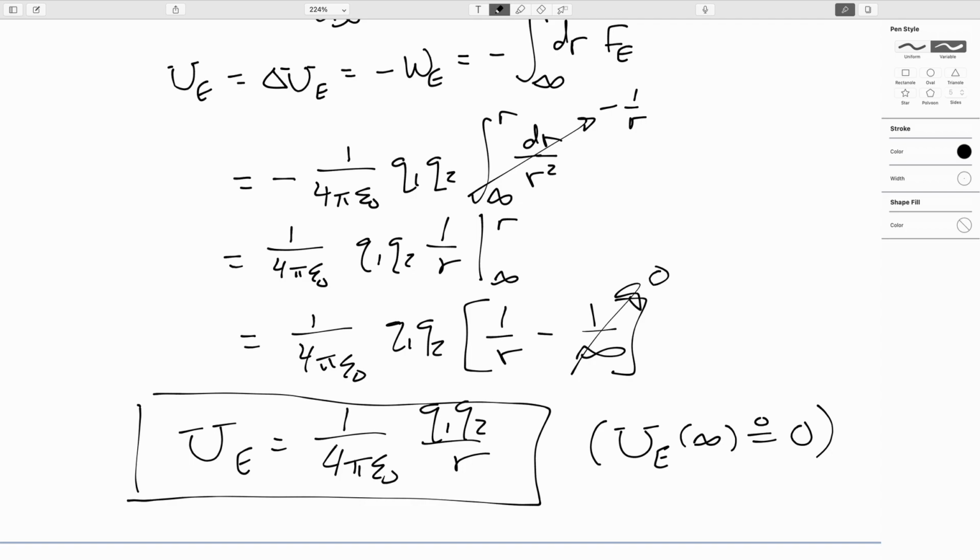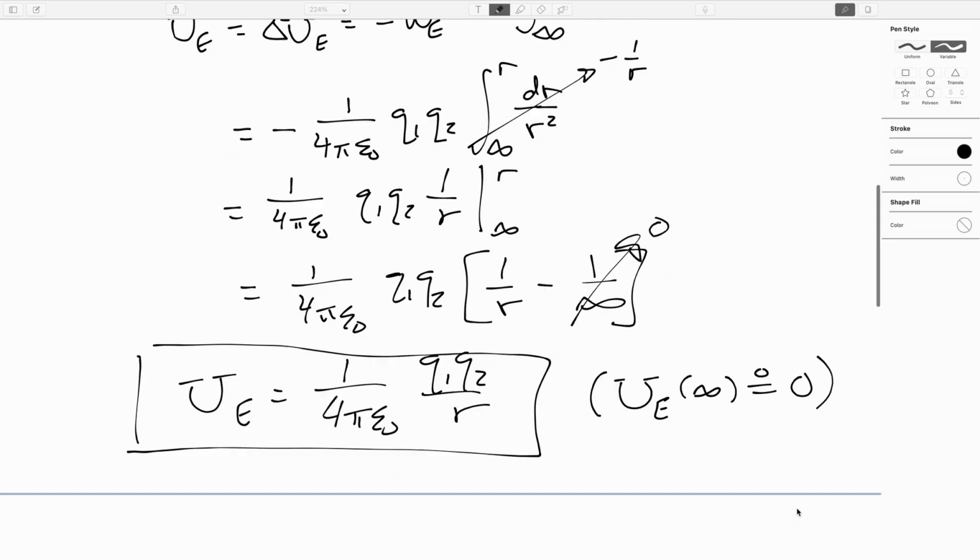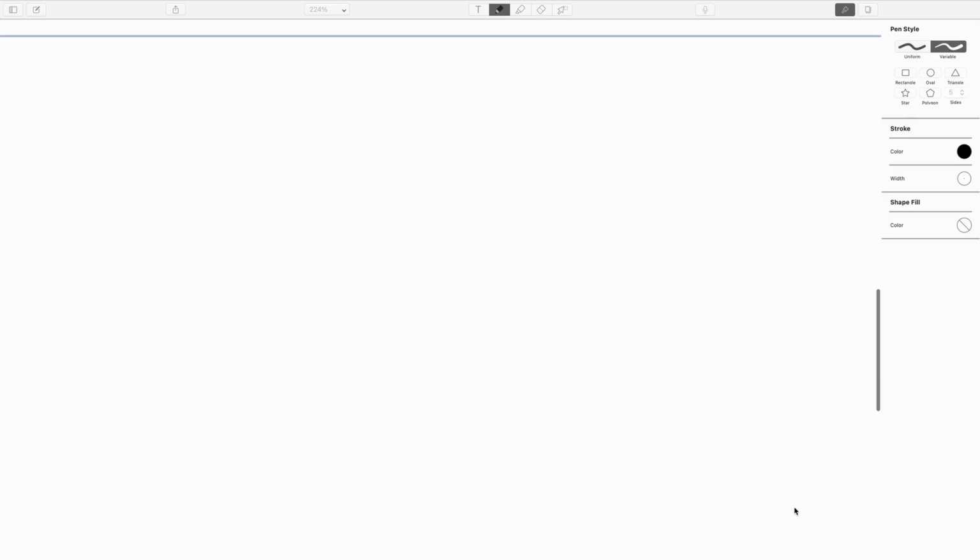All right, so let's go ahead and do another practical example with this. So let's say that we have two alpha particles flying towards each other. Now, an alpha particle is a helium nucleus. And a helium nucleus has a charge of plus 2e.